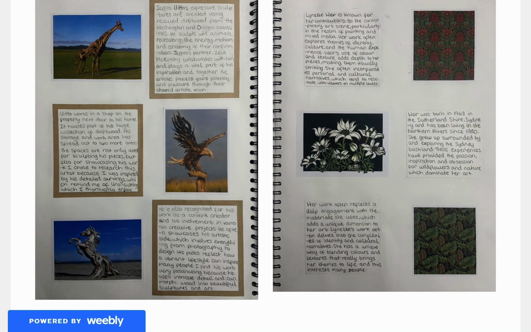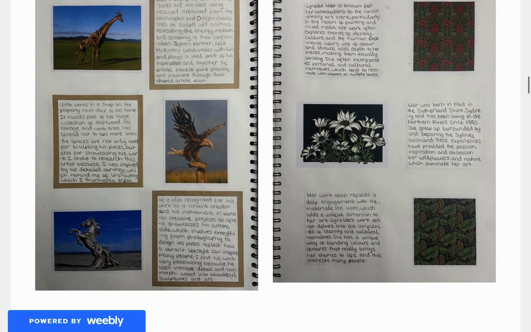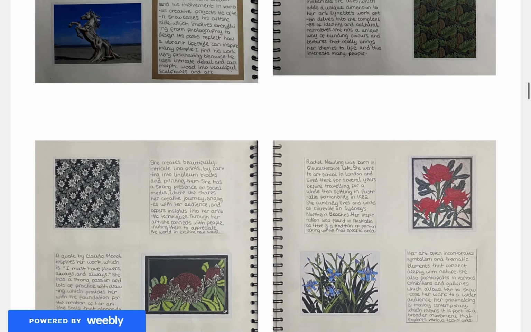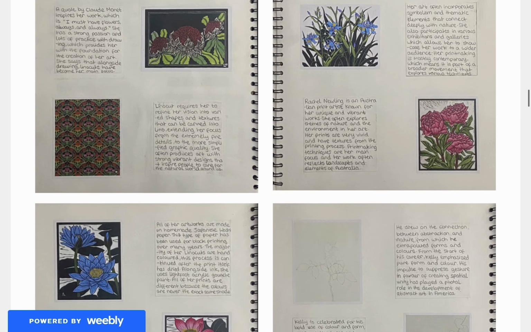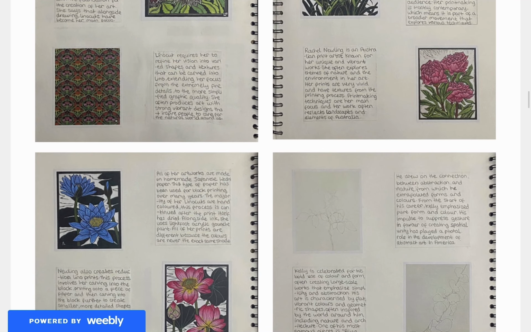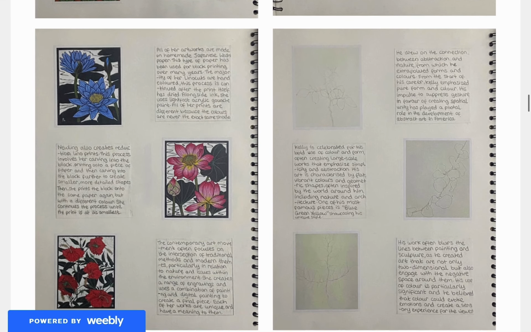And then I've done this artist called Lynette Weir, who produces prints as well, which are really nice. Similarly, there's another artist I've chosen called Rachel Newling, and she does really nice prints of flowers too, which I thought is perfect because that's what I'm trying to do for this project.